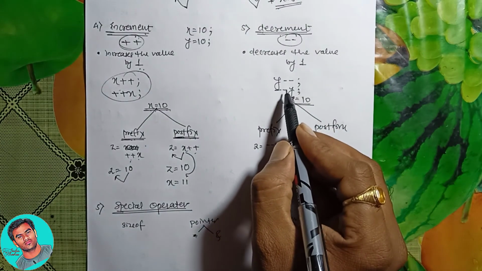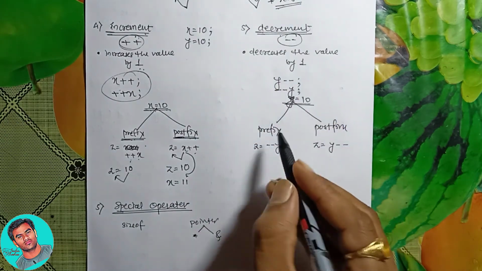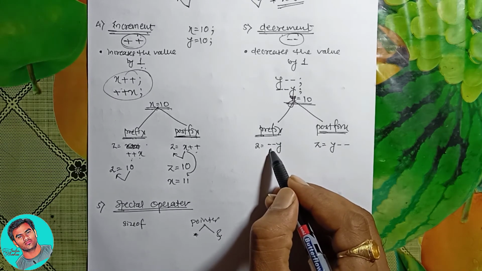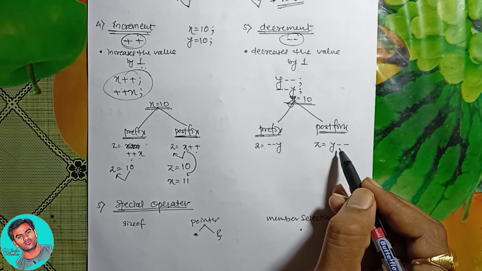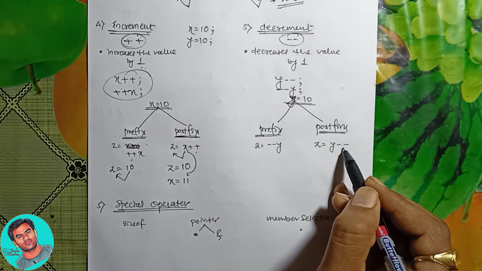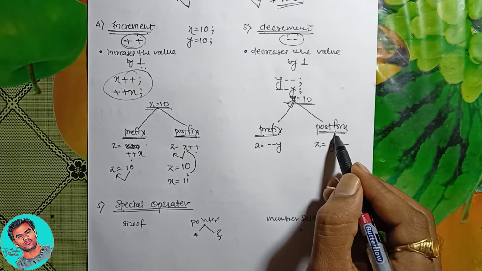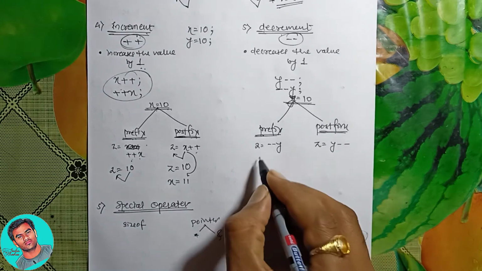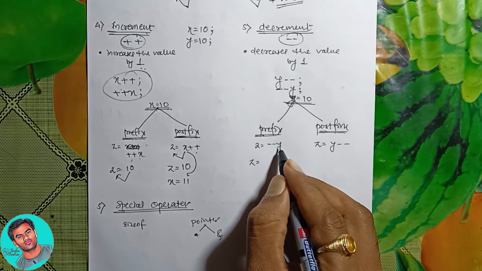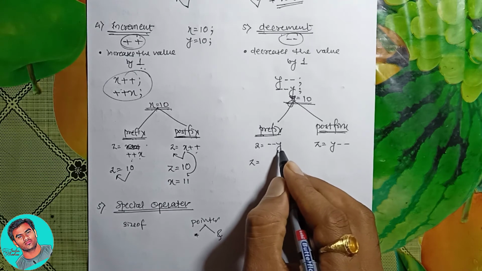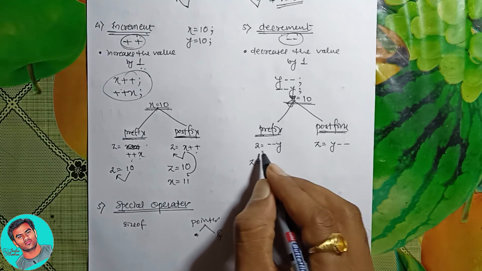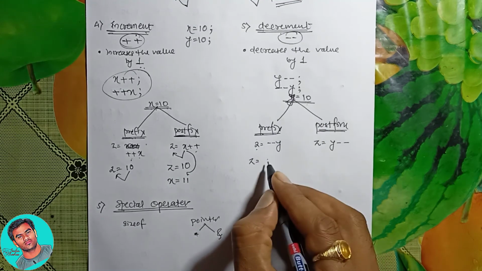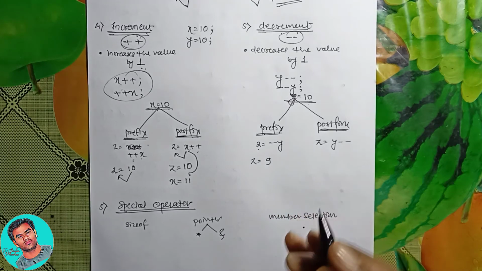When we move to the decrement operator, it decreases the value by 1. It also has the prefix and postfix statements. Minus minus y is a prefix statement, as the symbol comes before the variable, and when the variable is before the operator, it is a postfix operator, okay. So for this, here also we consider the value of y as 10. For the prefix, the value of y gets decremented before assigning to z, so minus minus 10, it is going to give the value of z as 9, okay.